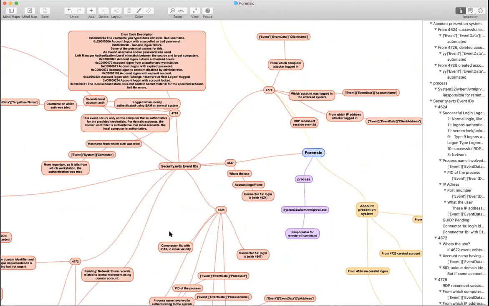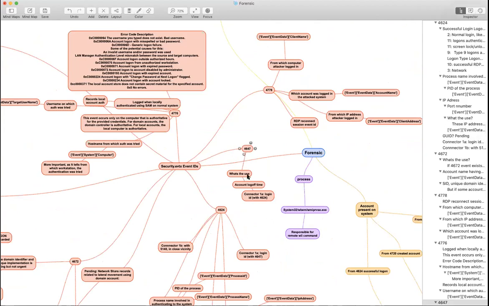This will give you which account the attacker logged in, but you want to know what the IP address of that system was, and how long the attacker was in that system. So if you see there's a connector 1A, you have to see the 4647.